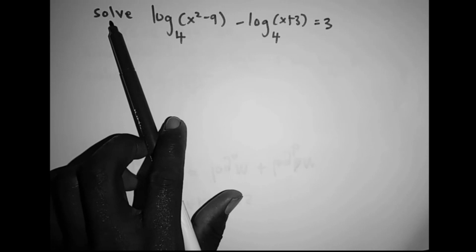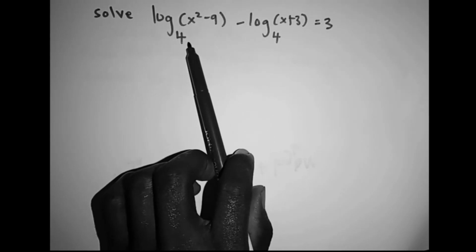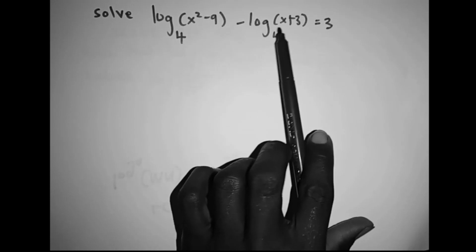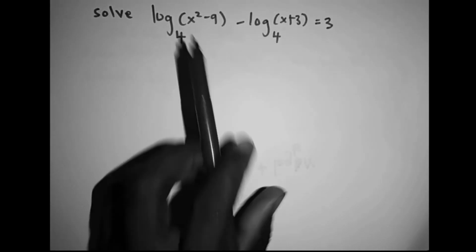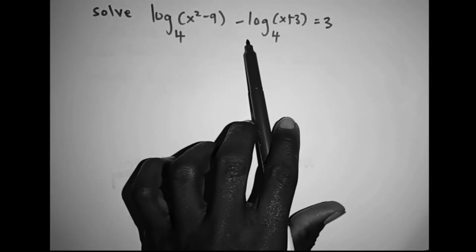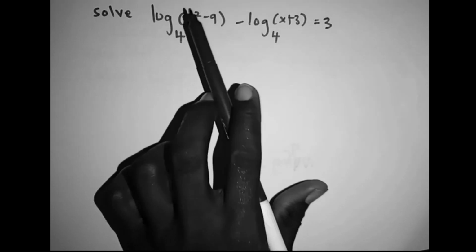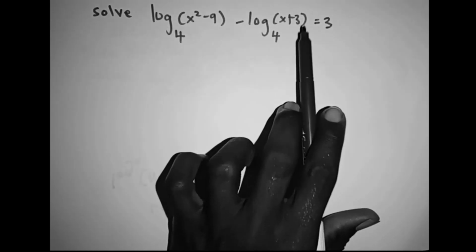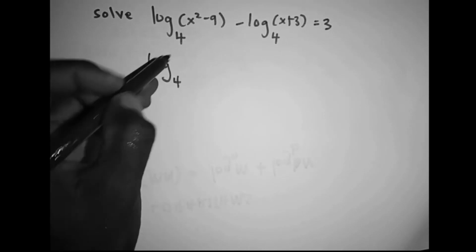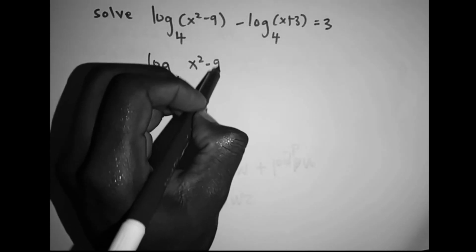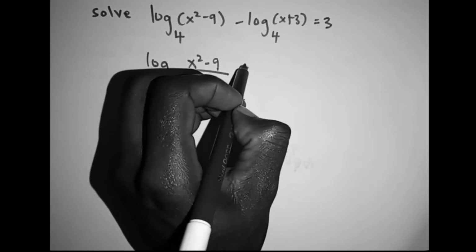So we are supposed to solve log (x squared minus 9) base 4 minus log (x plus 3) base 4 equals 3. So let's write these two as a single log. Since the sign here is negative, then we need to divide this one by this. So this is equal to log base 4 of (x squared minus 9) divided by (x plus 3) is equal to 3.